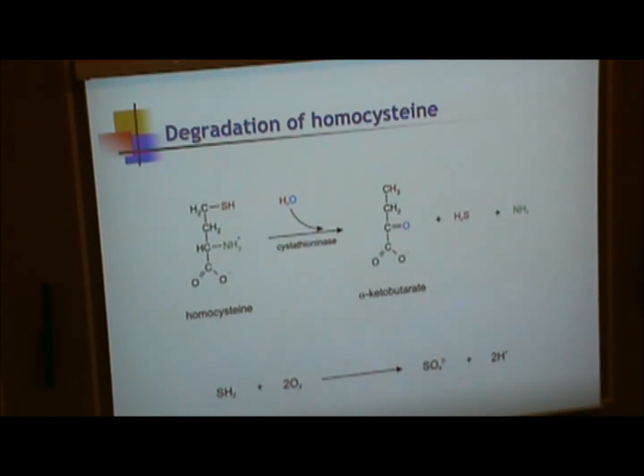It loses the SH group, which is released in the form of H2S, hydrosulfide.